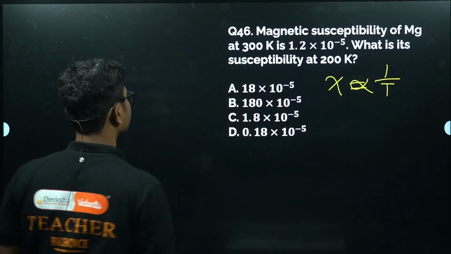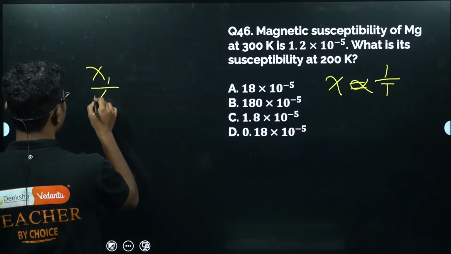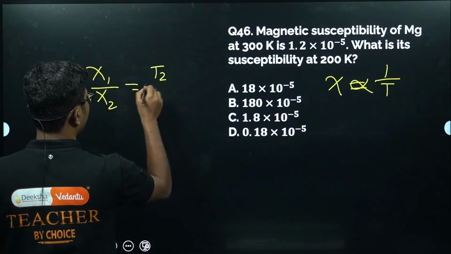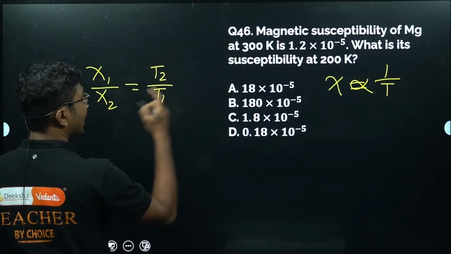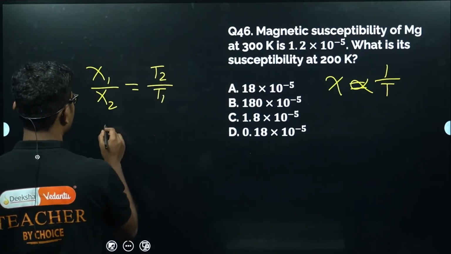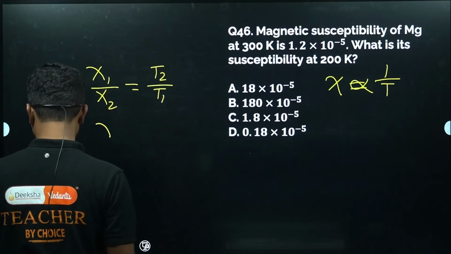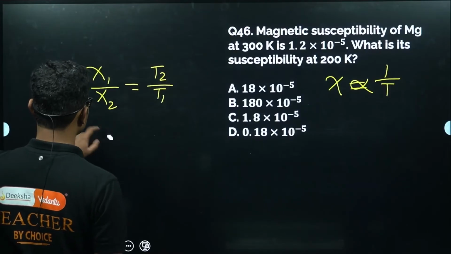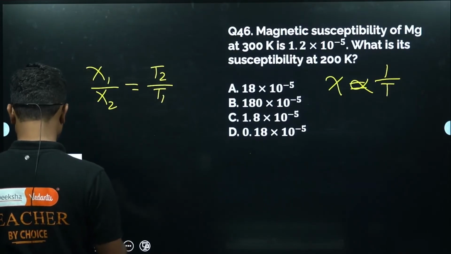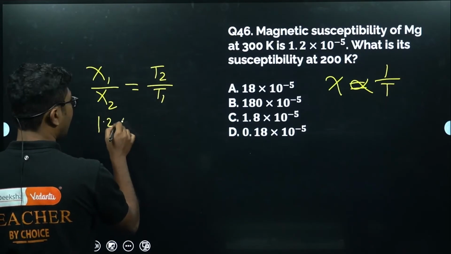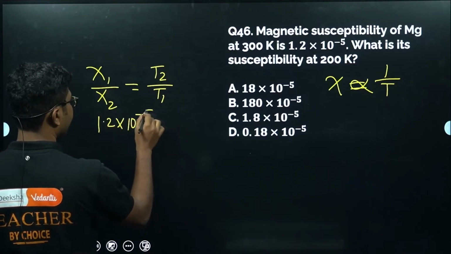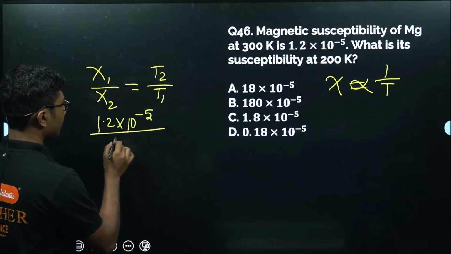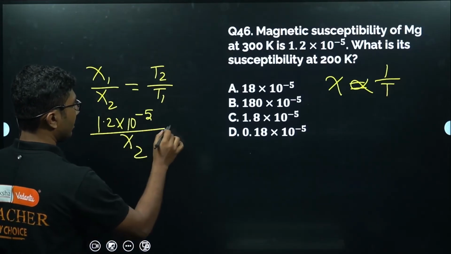So xi 1 by xi 2 is equal to T2 by T1. Okay, xi 1 is given at 300, xi 1 is given as 1.2 times 10 to the power of minus 5, right? And xi 2 we are trying to find, so we leave it as xi 2.